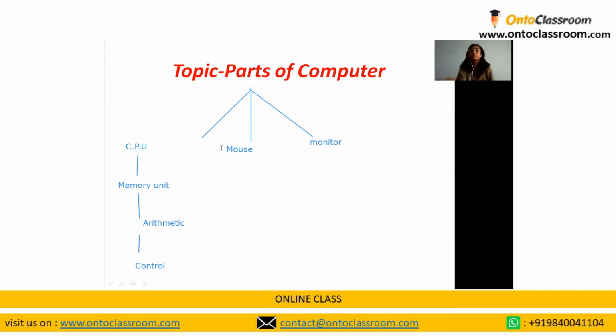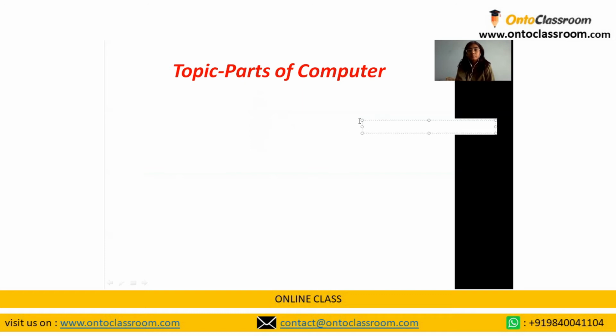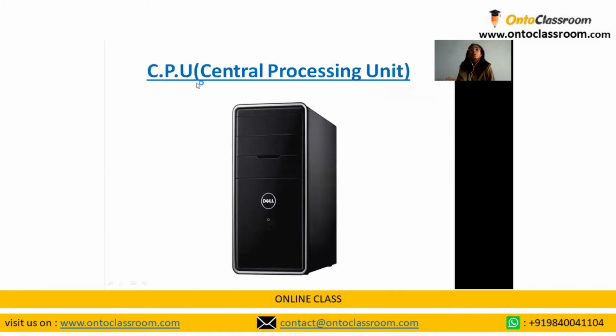Let's first learn about CPU. Okay, so this is CPU, Central Processing Unit. The full form of CPU: C for Central, P for Processing, U for Unit.